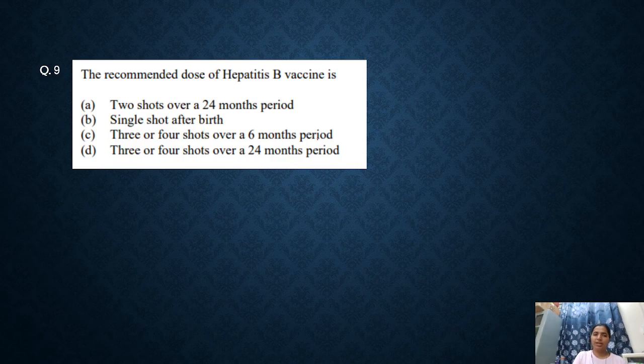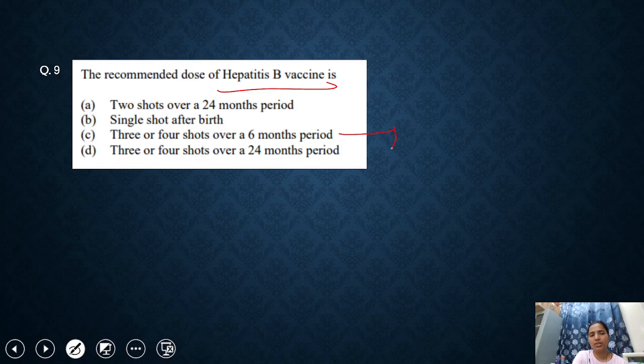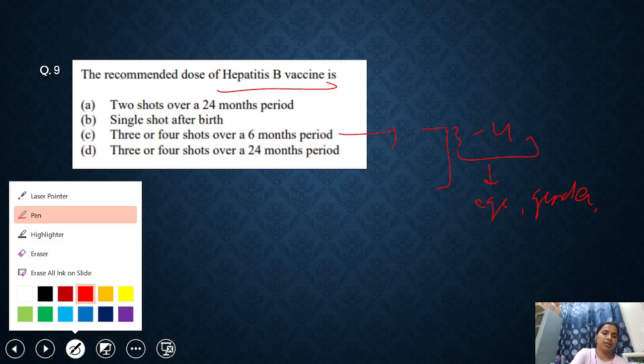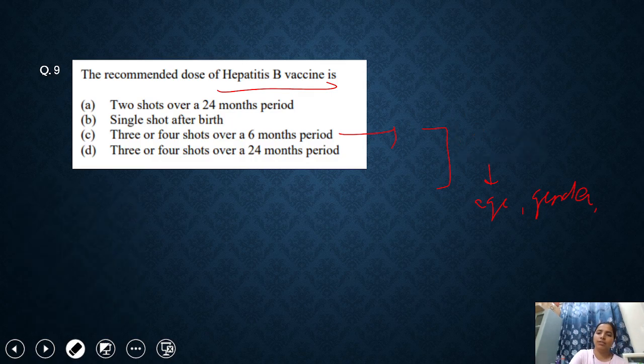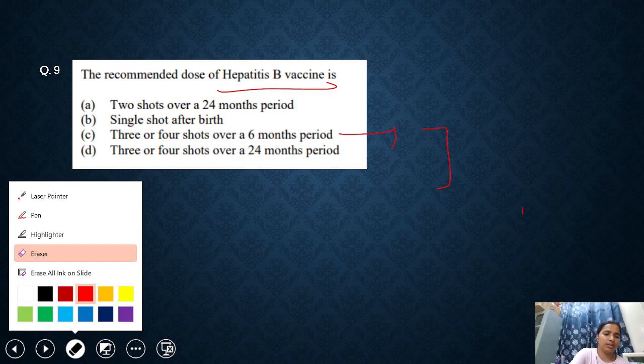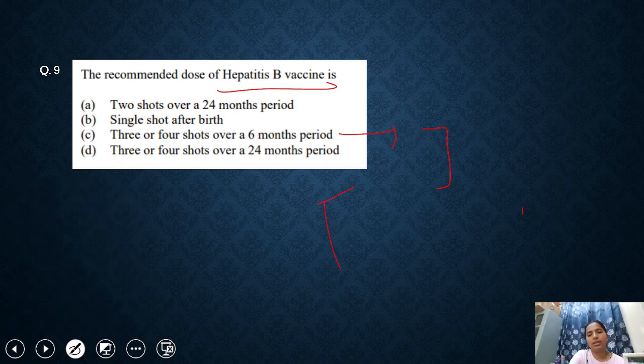Okay, this hepatitis B vaccine is mainly recommended over a period of 6 months in 3 to 4 shots. That depends upon age, gender, and other things. If anyone has a very little baby in their family, then you must know that when the baby is born, they have a card in which all the vaccines are mentioned.